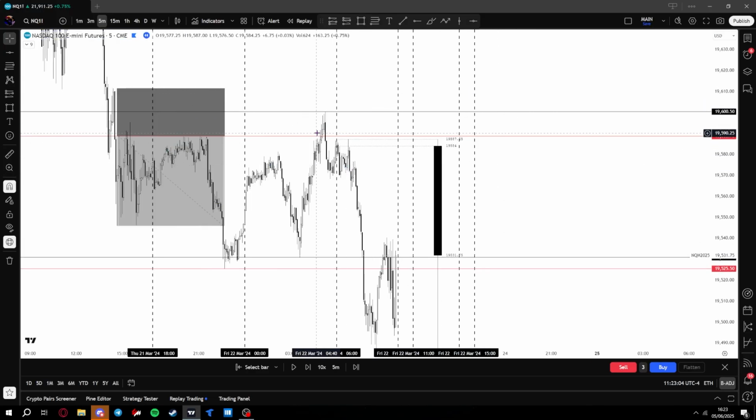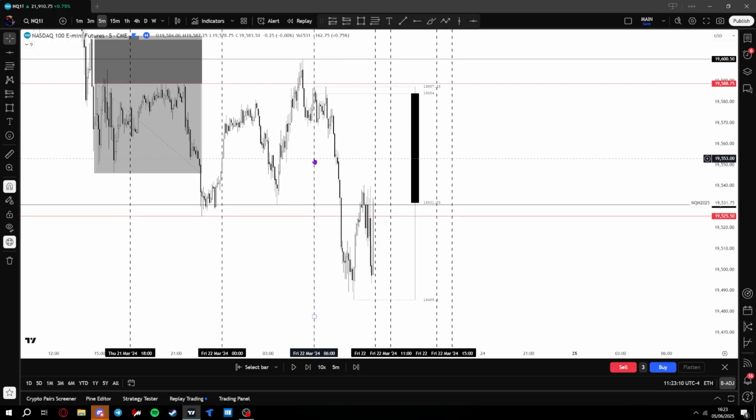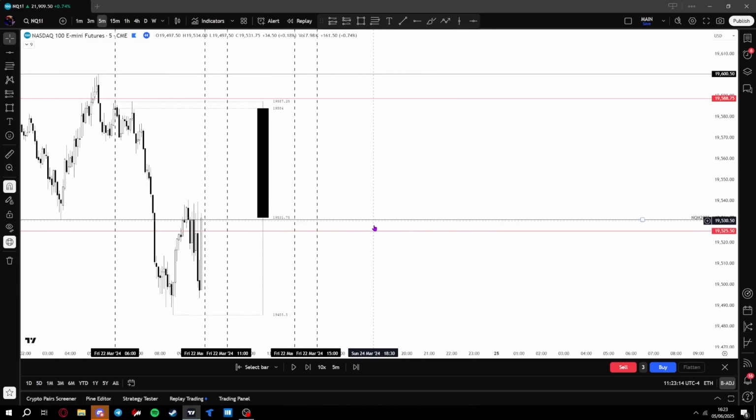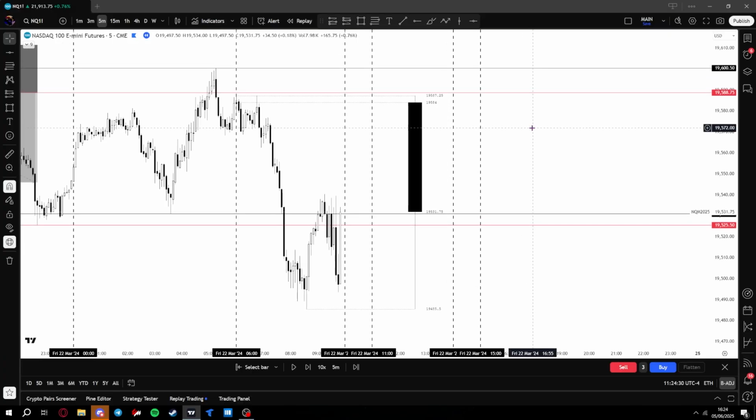And we can see here that we swept Asian highs on London, but after London, we also swept lows. So here, we can either look for both longs and shorts.